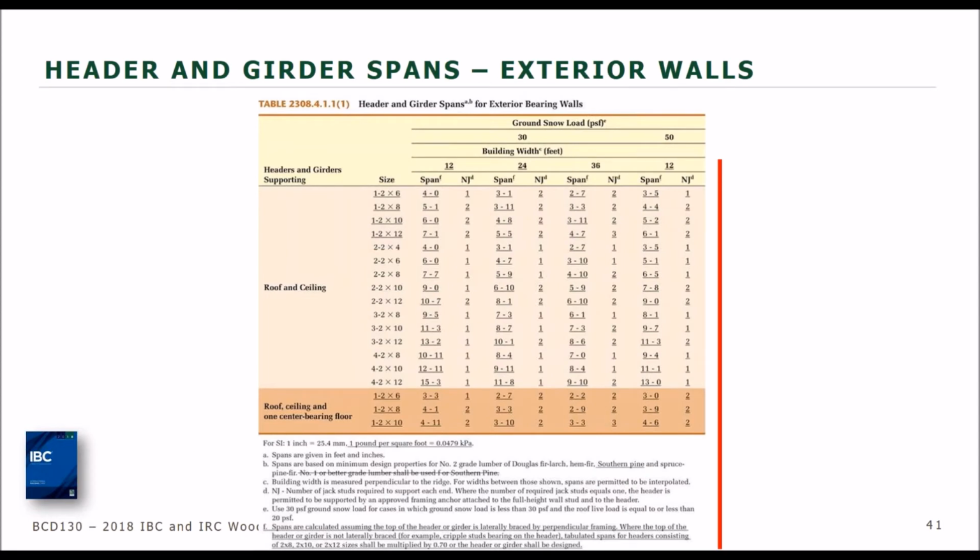And now we're continuing into Chapter 23 on wood and the conventional light frame construction. This is specific for headers and girder spans at exterior walls, where we see a modification that includes an update for allowing Southern Pine grade number 2. Before it was Southern Pine number 1, and so we've now expanded the use of wood construction by allowing number 2.